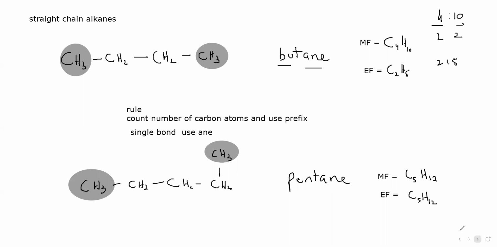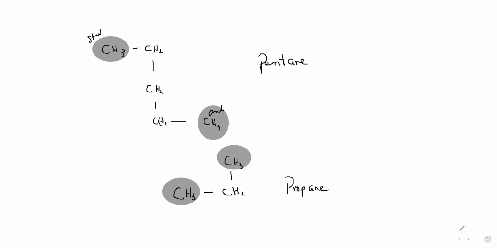The first one, we started with straight chain alkanes. Now branched alkanes. A branched alkane means it will have more than 2 ends. Now, what is the rule? How will you name these?